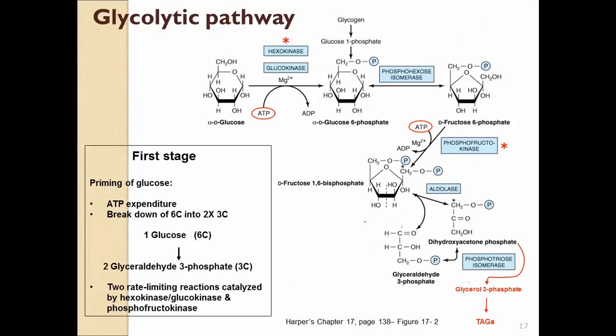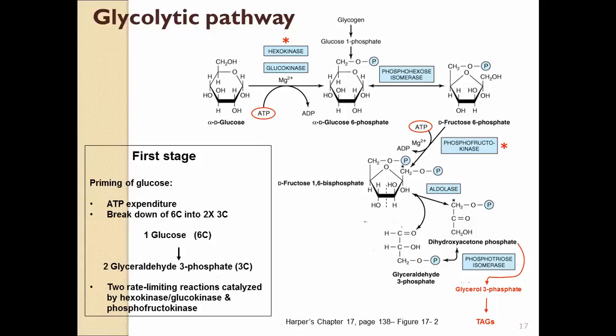And glycolytic pathways have two stages. You want to know the three key reactions and key enzymes in the glycolytic pathway. First, glucokinase or hexokinase catalyzes phosphorylation of glucose.